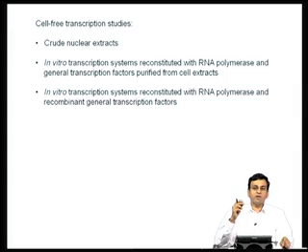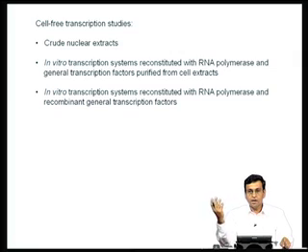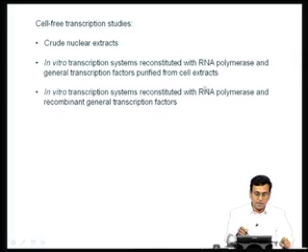Initially, people started using crude nuclear extracts in which templates can be put in and their transcription activity can be assayed. Then once people started purifying general transcription factors, RNA polymerase II and transcription activators, they developed what are called reconstituted systems, wherein you add individual purified components to the cell-free transcription system and then add your DNA template and assay your promoter activity.